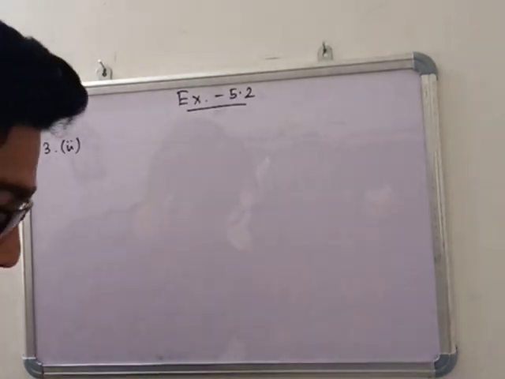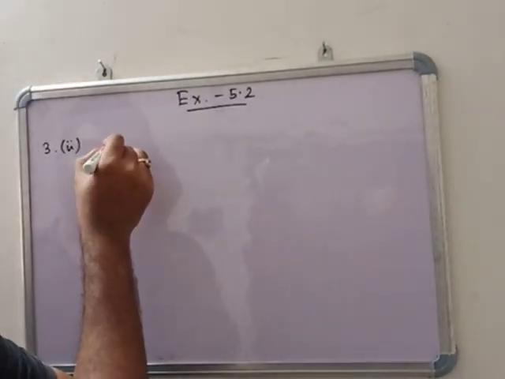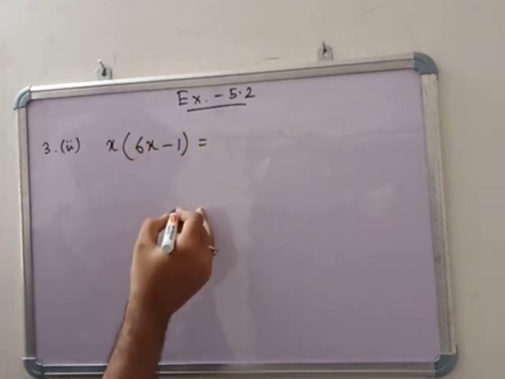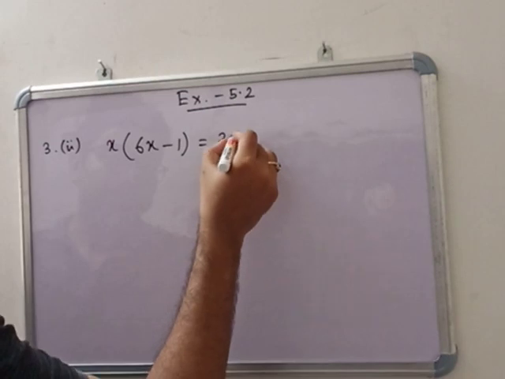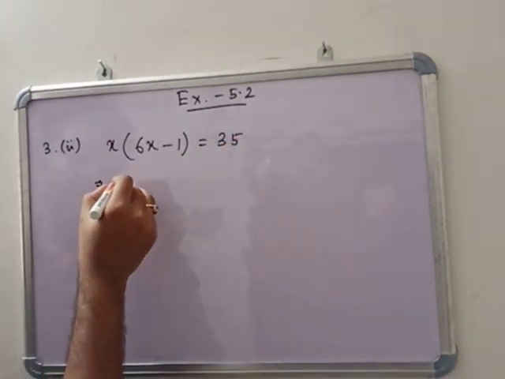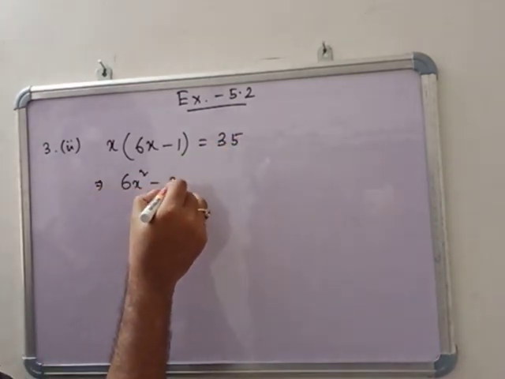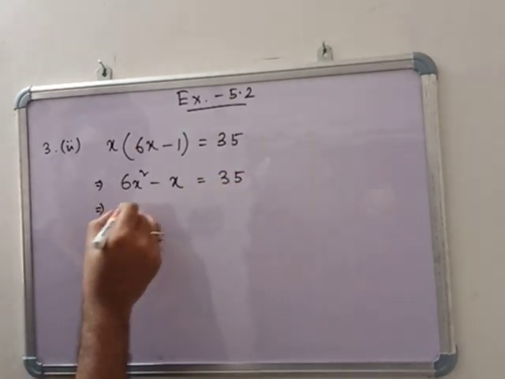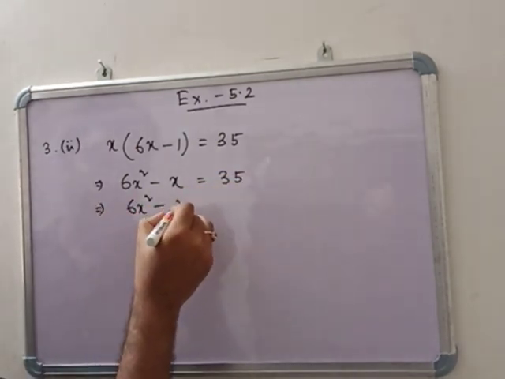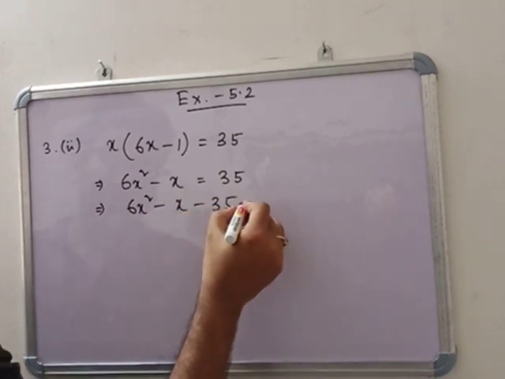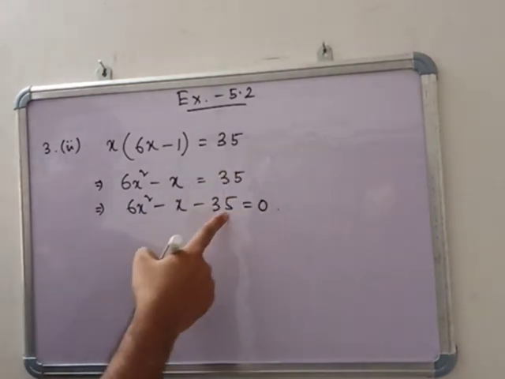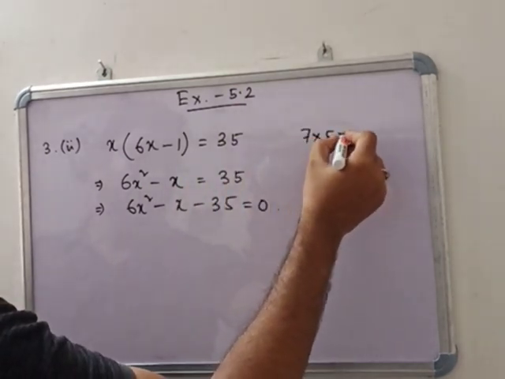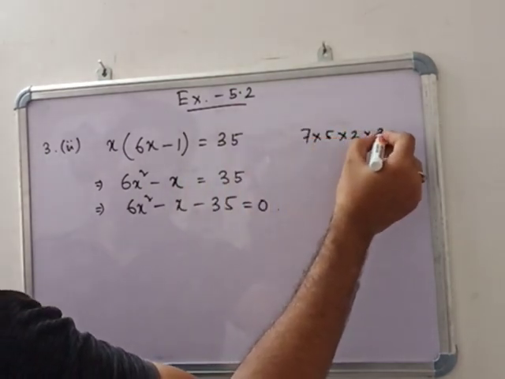In number 3 and 2, see that x into 6x minus 1 equals 35. So now we can write 6x square minus x equals 35. That means 6x square minus x minus 35 equals 0. So 35 into 6, that means 7 into 5 into 2 into 3.